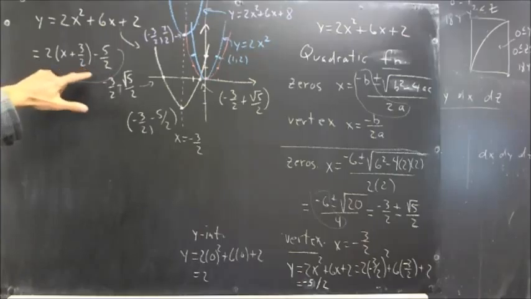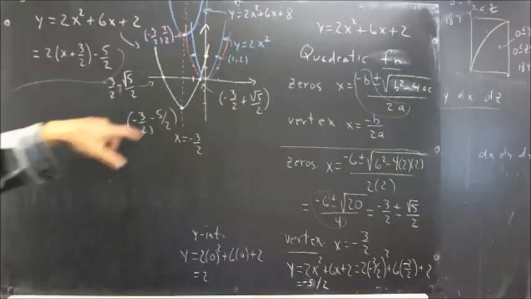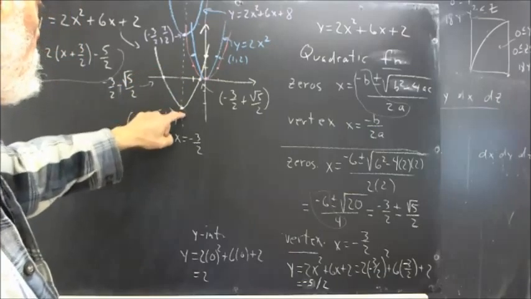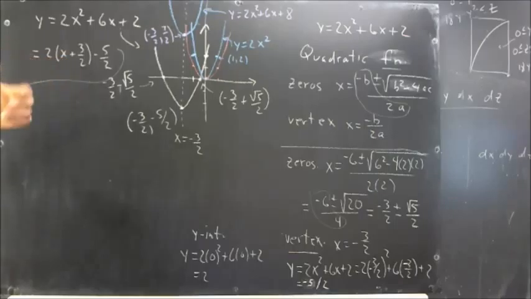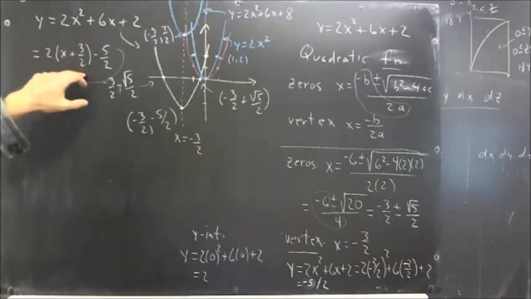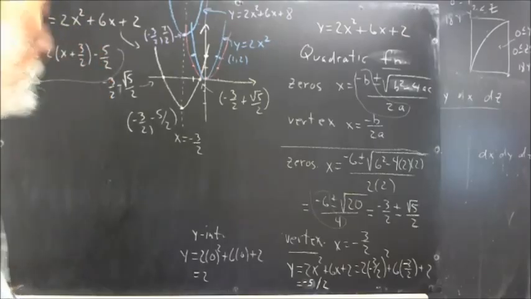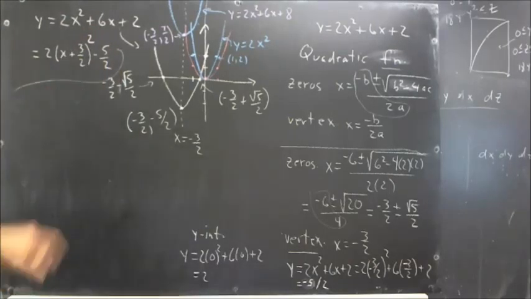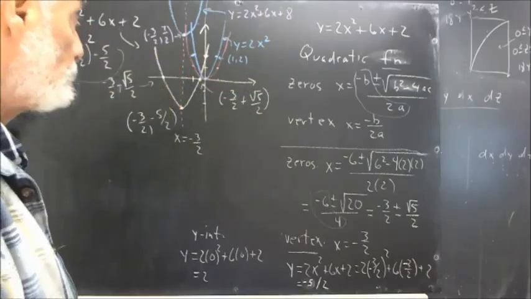Again, this expression here simply indicates that this graph has a vertex that's shifted 3/2 of a unit to the left and 5/2 unit down, which means that you have a horizontal shift of -3/2 achieved by replacing x by x plus 3/2 and subtracting 5/2 from the result. Good thing I took another look at this because I forgot to put my square on there. And this is a translation of the y equals 2x squared function here and here.